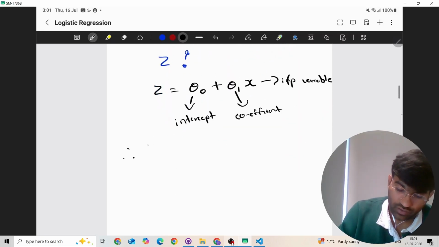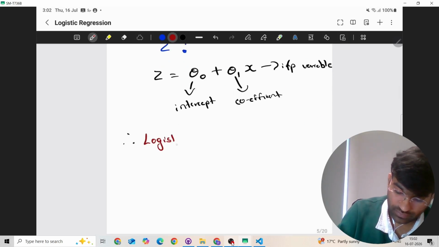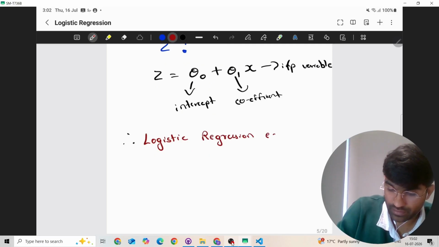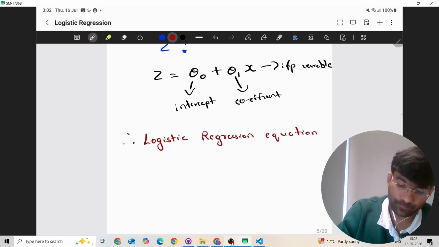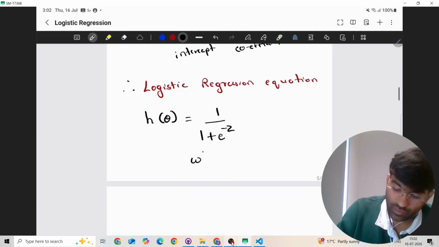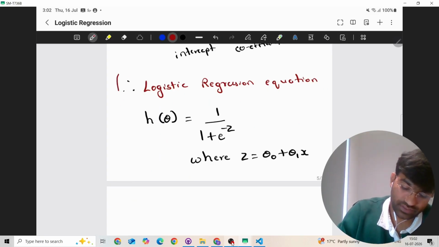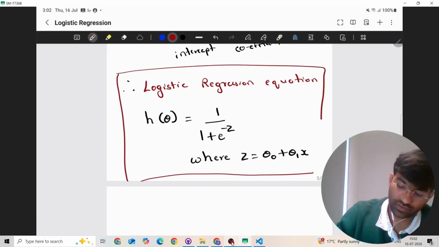So our logistic regression equation will be h of theta is equal to 1 divided by 1 plus exponential of minus z, where z is equal to theta naught plus theta 1 of x. So this is the equation of logistic regression.